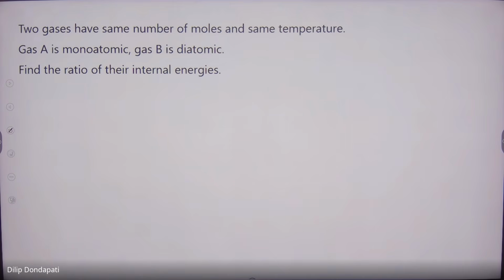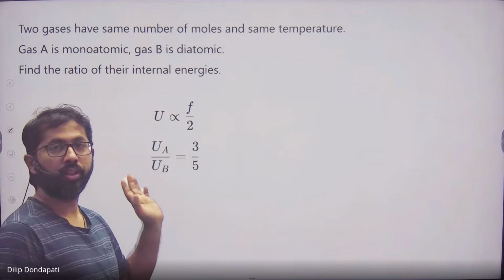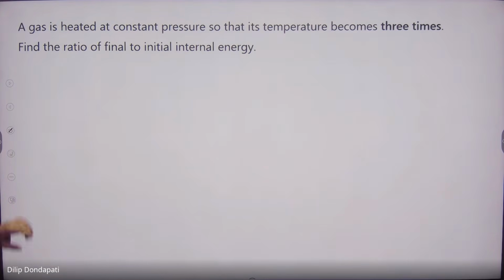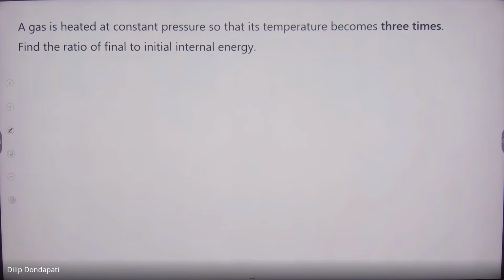So 3:5, because it depends on the degree of freedom. Next: the gas is heated at constant pressure so that the temperature becomes 3 times. Find the ratio of final and initial internal energy.